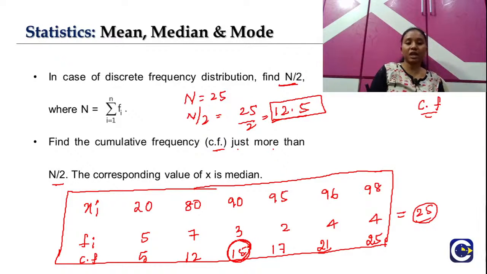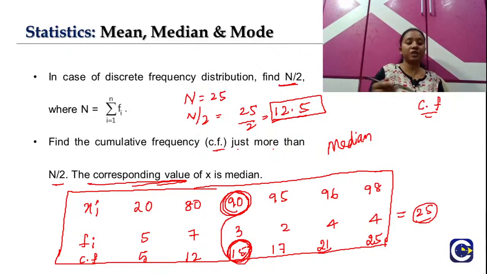So 15 is the cumulative frequency which is just more than 12.5. Here 15 is not the median, but the corresponding value of x is the median. That means for this, what is the corresponding x? So 90 is the corresponding x, which means the median for this given discrete frequency distribution is nothing but 90.